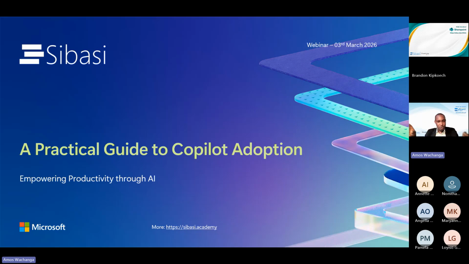Depending on the team that you work in, some will work much better than others in your particular scenario. Going through all the tools in detail would be quite a detailed training. What we are doing today is a high-level sensitization on how you can adopt Copilot from an individual perspective, but also from an organizational perspective.